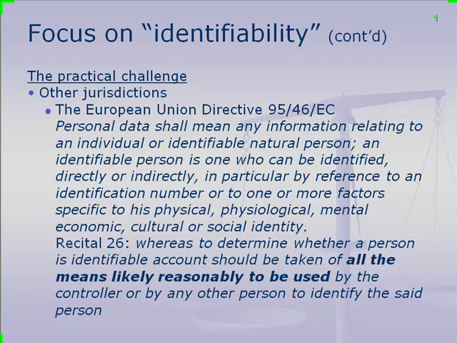And then the assistance for determining identifiability is provided at one level in what they call recital 26. And that's basically, account should be taken of all the means likely reasonably to be used by the controller or by any other person.